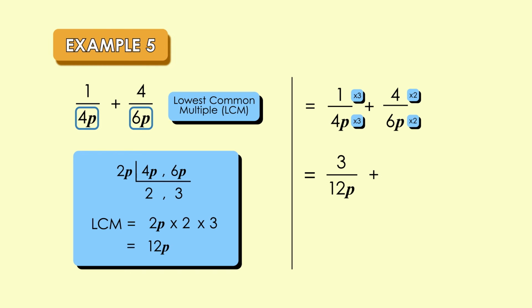The second fraction is 8 over 12p. Well, now we can see that the denominators are the same. We can add the numerators, 3 plus 8. The final answer is 11 over 12p.